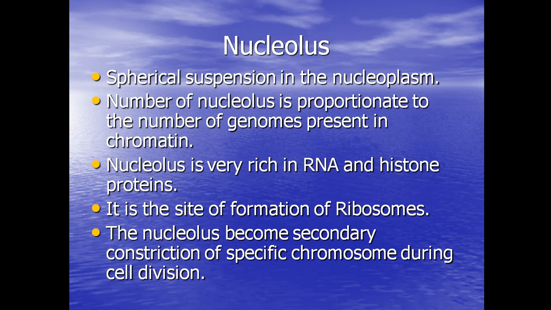But in addition to that, not on all chromosomes, especially on one chromosome, the nucleolus becomes the secondary constriction and makes that chromosome a satellite chromosome. That I will explain tomorrow when I take it up.